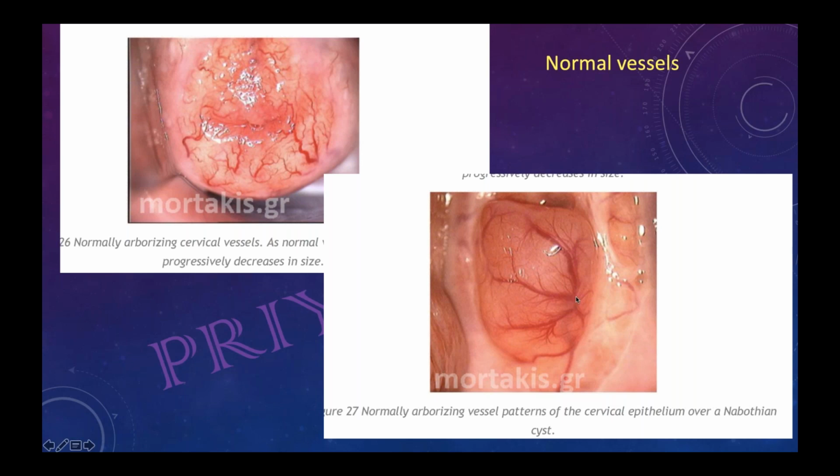It means that when this is the main vessel, whatever branches come off like a tree, their diameter goes less and less. If we take this vessel, all the small vessels arising from it will be lesser in diameter, like the branching of a tree. This is a normal arborizing vessel pattern.